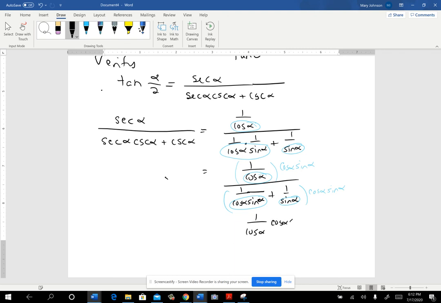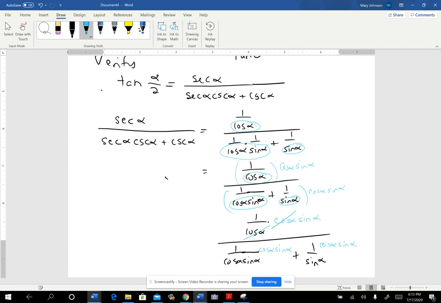There's only the one term here, but it gets distributed to this one and to this one too. It really helps to see that step.